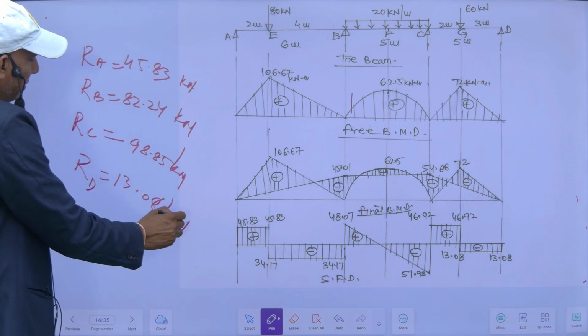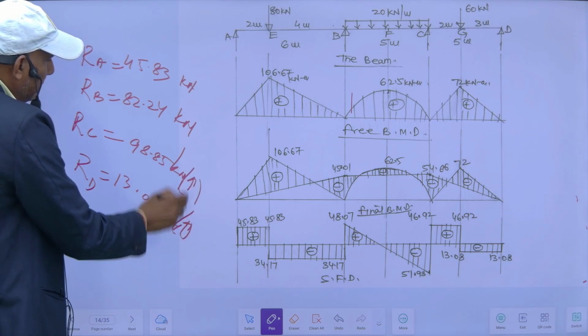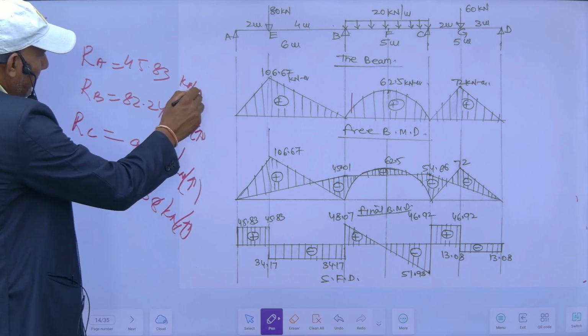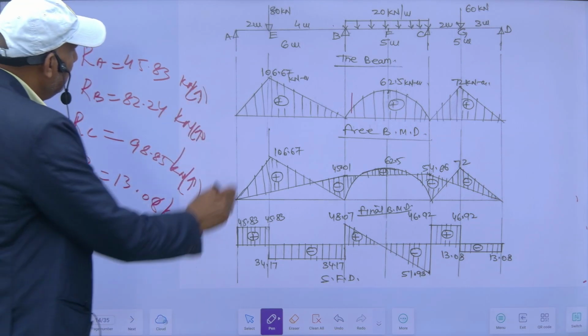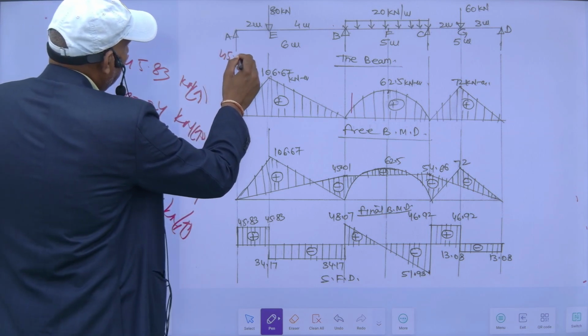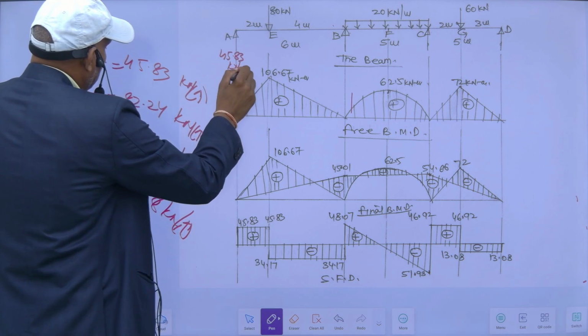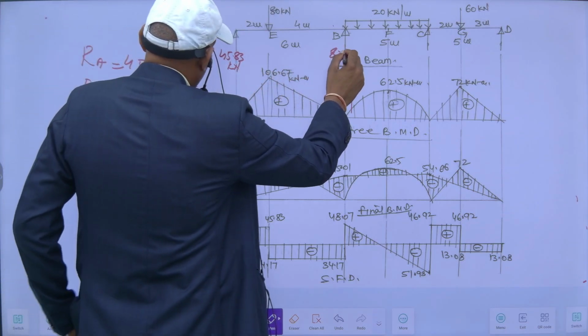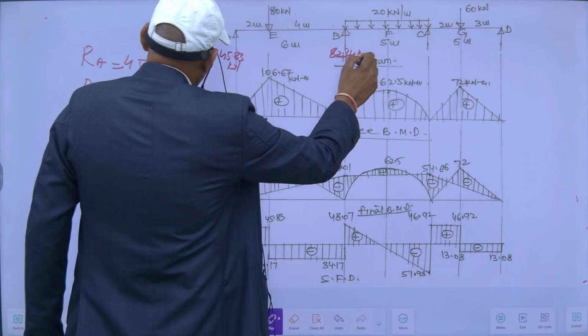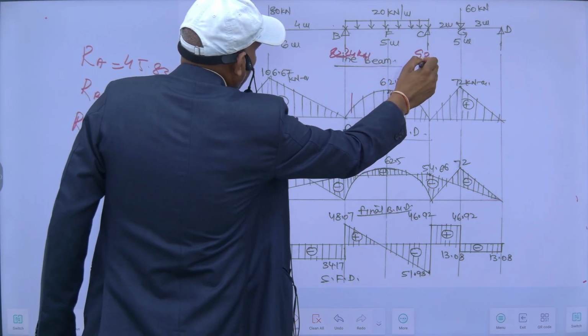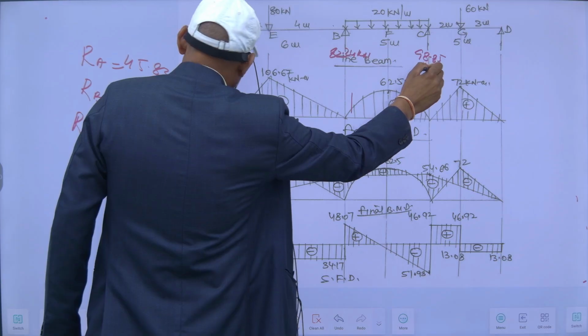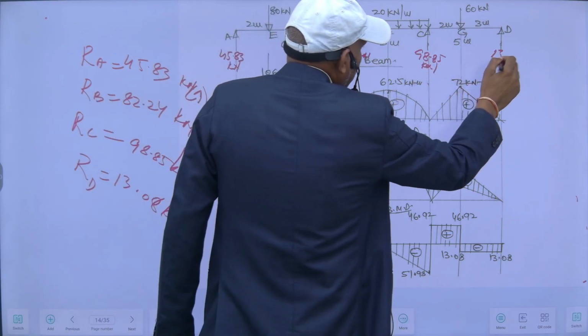These are my reactions. It means this is 45.83 kilonewton, this one is 82.24, this is 98.85, and this is 13.08.